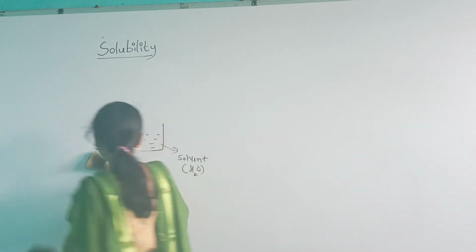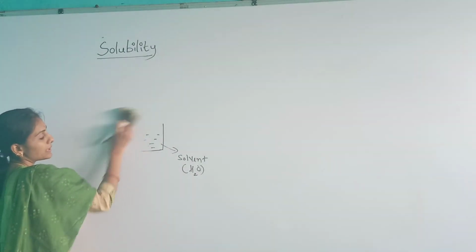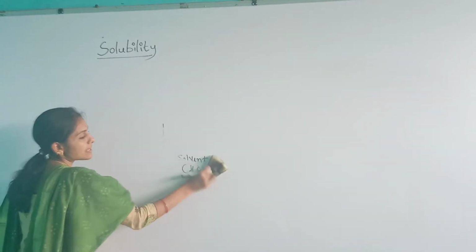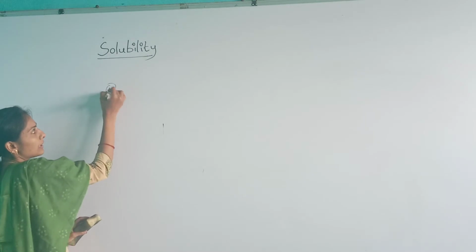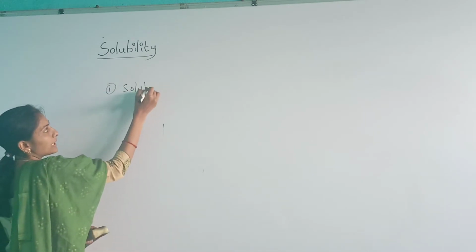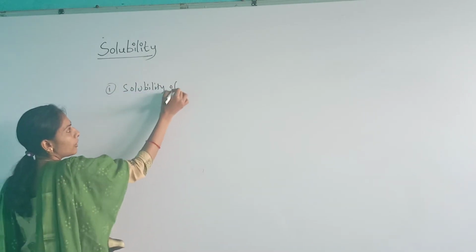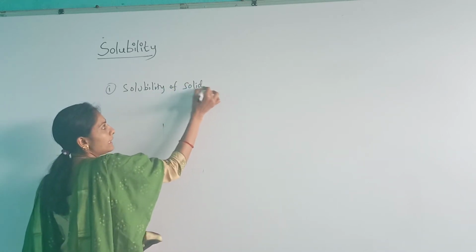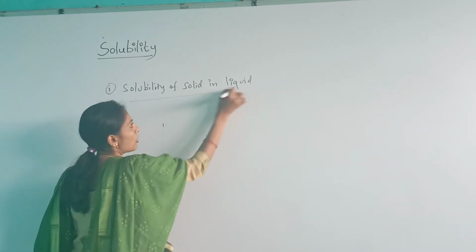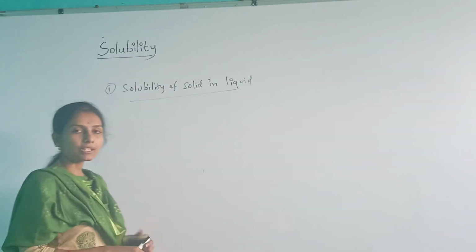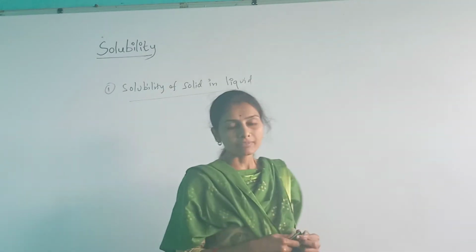Now, this solubility of a given solute in a particular solvent we can study under two headings. One is solubility of solid in liquid. How can we dissolve solid into liquid?